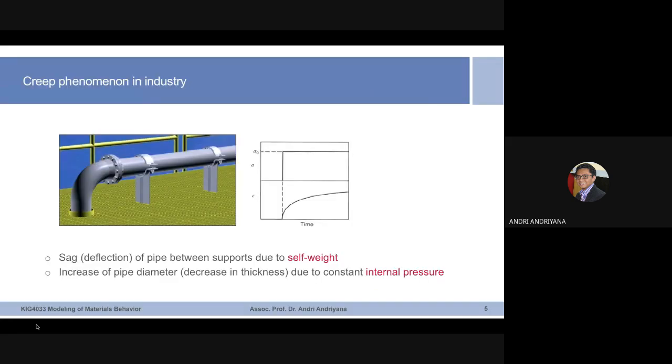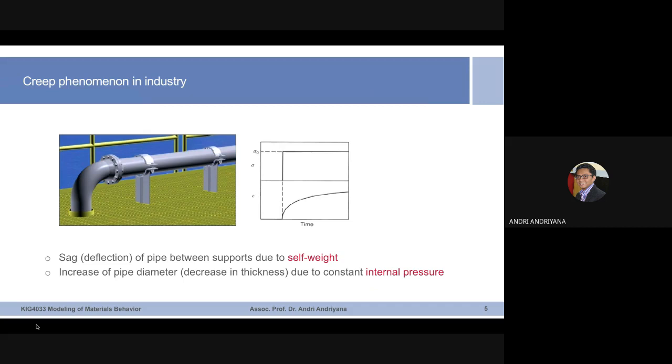Let me start by looking at what happens in industry, specifically a phenomenon called creep. In a lot of process industry, we use a lot of pipe systems, and they can be very complex, ranging from straight pipes to pipes which contain a lot of bends depending on the needs of the process.